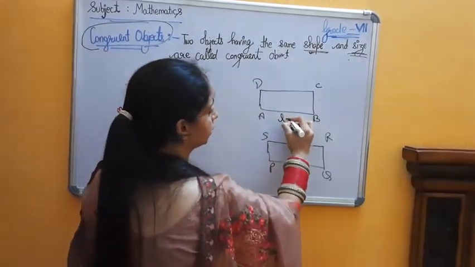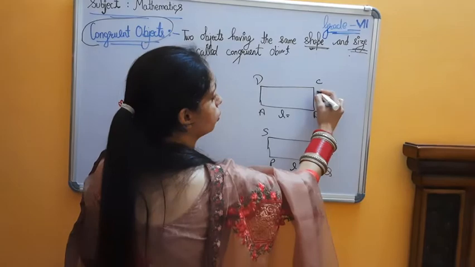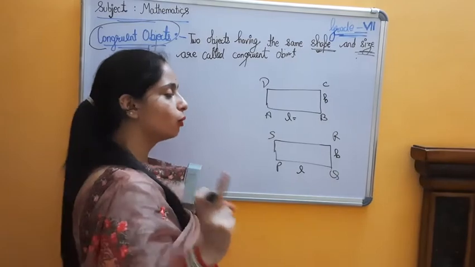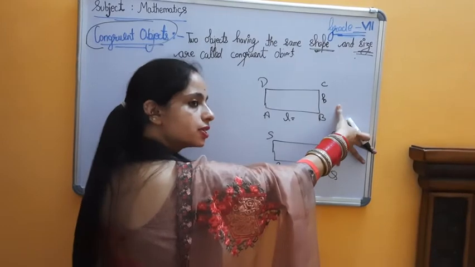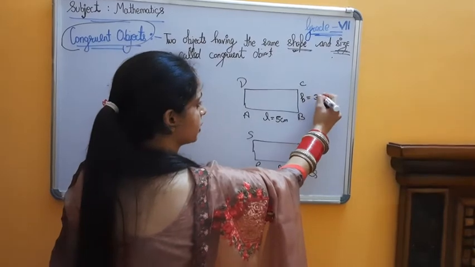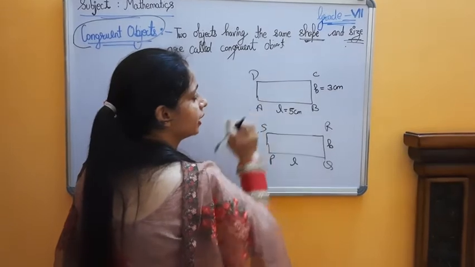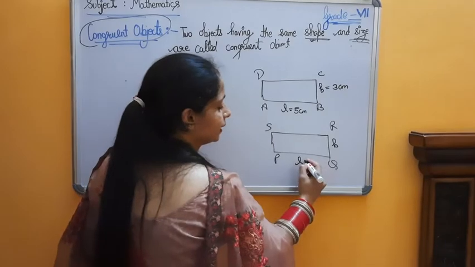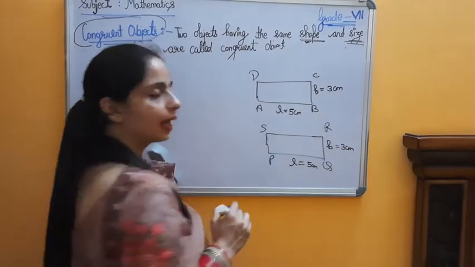When the length of this is equal to the length of this and the breadth of this is equal to the breadth of this. So these two rectangles are congruent when the length values are same and breadth values are also same. Let's say this length is 5 centimeter and breadth is 3 centimeter, and ABCD is congruent to PQRS, then this length should be 5 and this should be 3 centimeter.